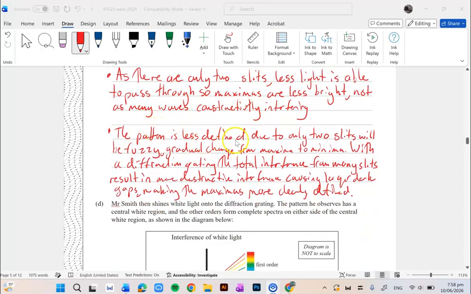The pattern is also less defined for 2 slits, and it will usually be fuzzy or gradually blend from the maxima to the minima. With the diffraction grating, the total interference from many slits results in more destructive interference, causing larger dark gaps, which makes the dots stand out much more clearly defined.